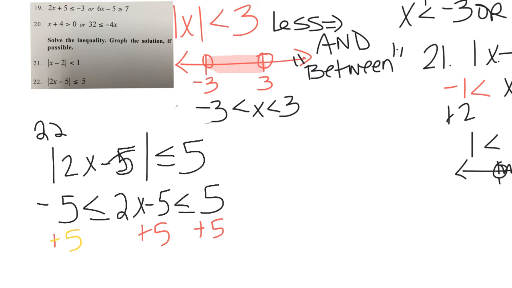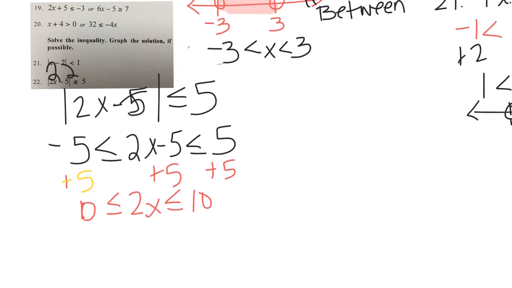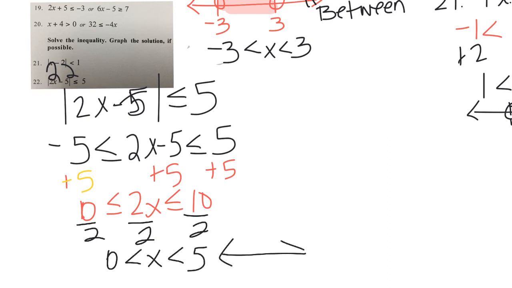We get 0 less than or equal to 2x less than or equal to 10. And then we can divide by 2. So 0 is less than or equal to x is less than or equal to 5. And we can shade between 0 and 5.